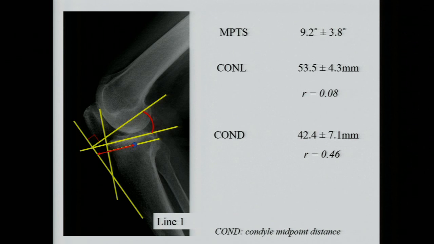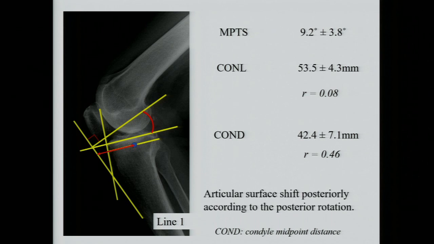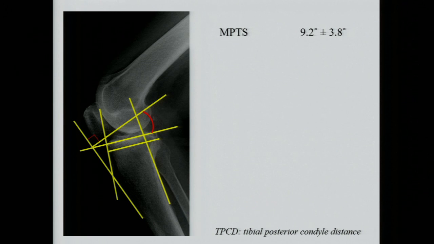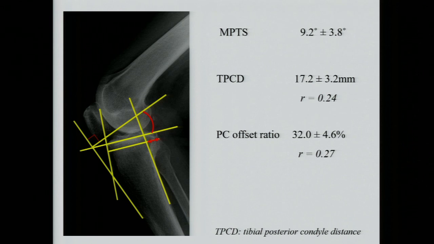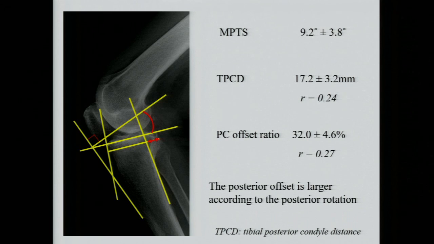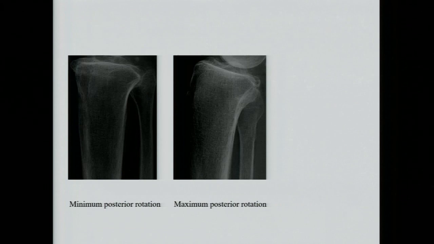This distance also had a correlation with the MPTS, which means that the articular surface shifts posteriorly according to the posterior rotation. We also measured the posterior condyle offset ratio. You can see the ratio has a lower correlation with the MPTS. So the posterior offset may be larger according to the posterior rotation.